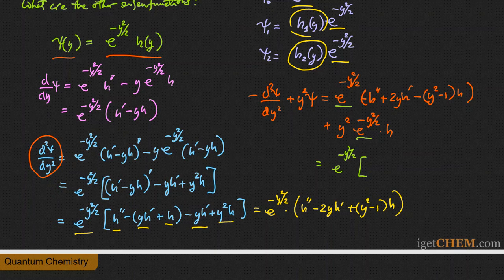I basically group all of these terms together. So I have a minus h double prime. I have a plus 2y h prime. And then you see that this minus y squared from this will cancel with a plus y squared, leaving me a minus times a minus 1, which is just plus 1 times h.